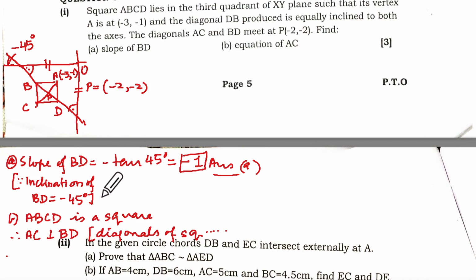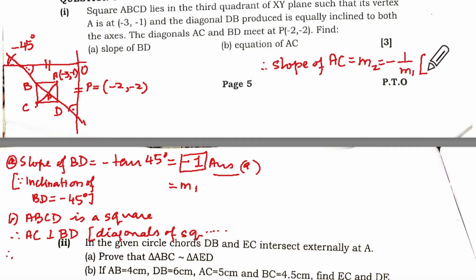So if this is M1, then slope of AC will be M2, which will be minus 1 upon M1. We write the reason here, since M1 M2 equals minus 1 for perpendicular lines. And reciprocal of minus 1 will be 1.